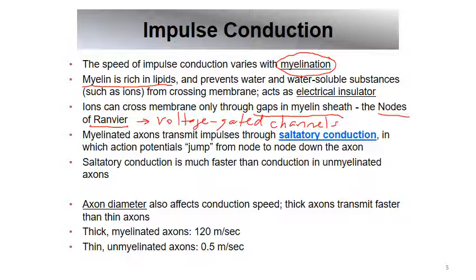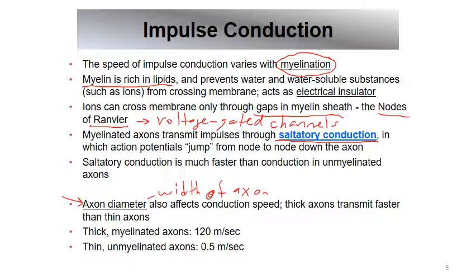So on the next slide, it's just going to show you what saltatory conduction refers to, but it refers to how the sodium channels are opening in these nodes around here. And I also wanted to point out here, axon diameter, meaning the width of the axon, can influence the speed of an action potential.